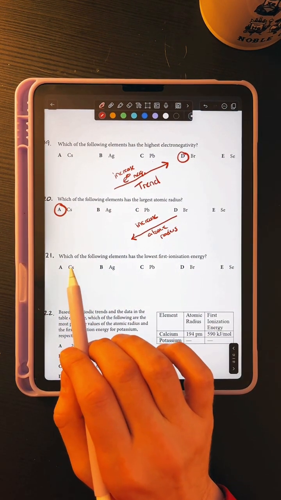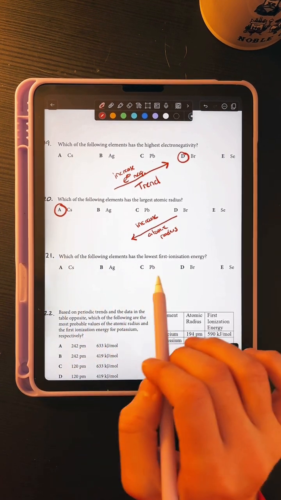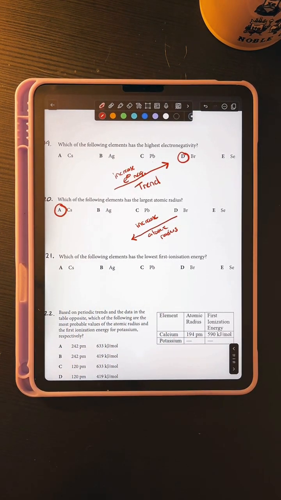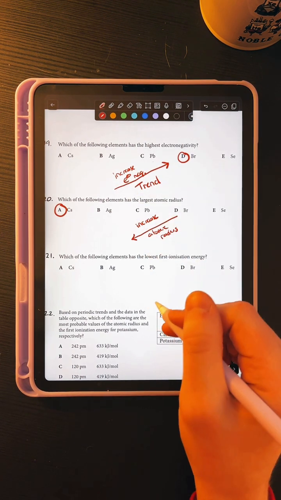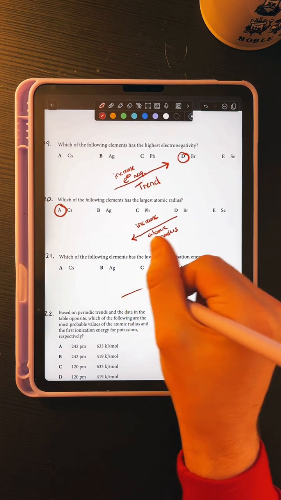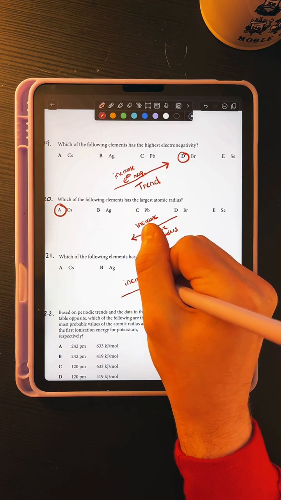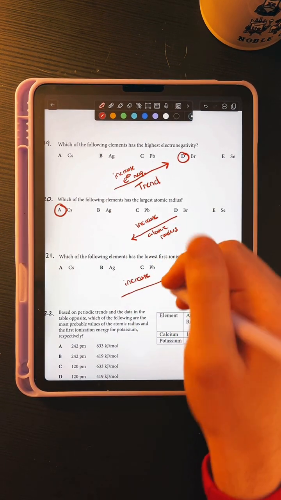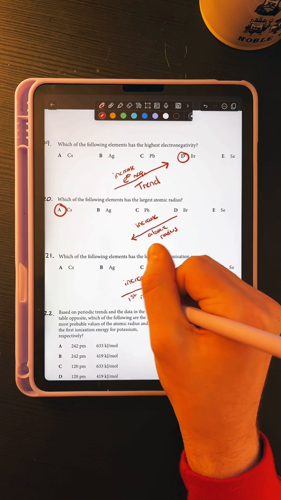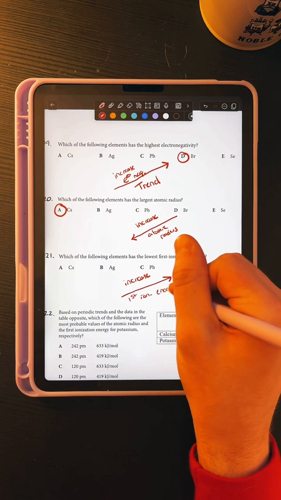And the last one for this trend question: which of the following elements has the lowest first ionization energy? Now, the first ionization energy trend, I'll show you and then we'll talk about what it means. It increases as you go from bottom left to top right. So increase first ionization energy.